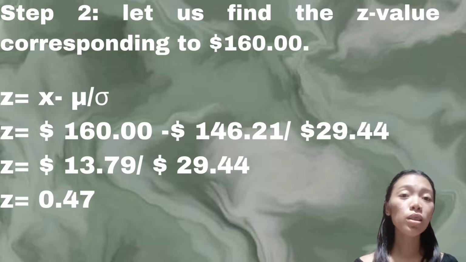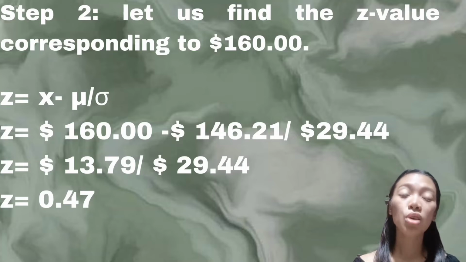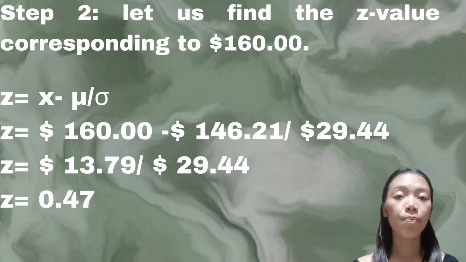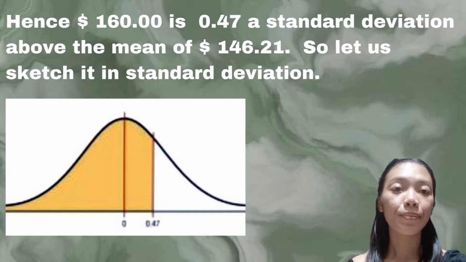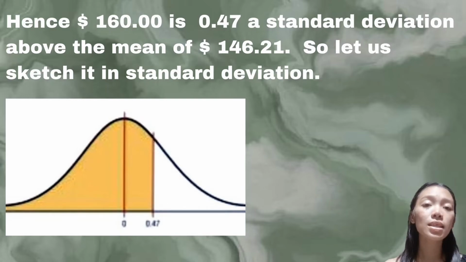So the result of $160 minus $146.21 divided by $29.44 is 0.47. Hence, $160 is 0.47 of a standard deviation above the mean of $146.21.